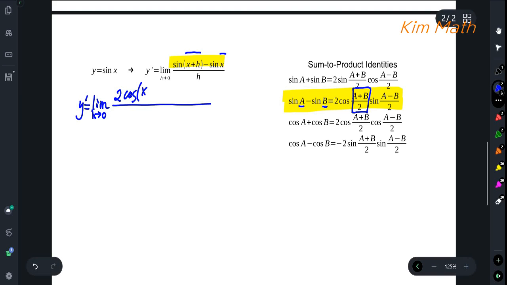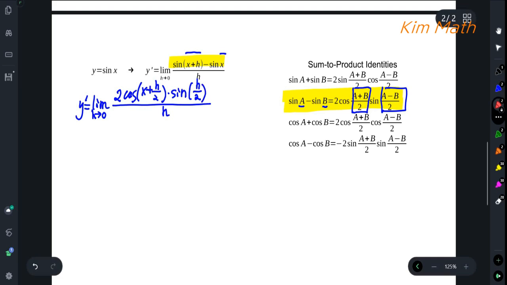Then you have x plus h over 2. Next one, sine. Here, a minus b over 2. So x plus h minus x, you have only h left. So h over 2, right? And h here.